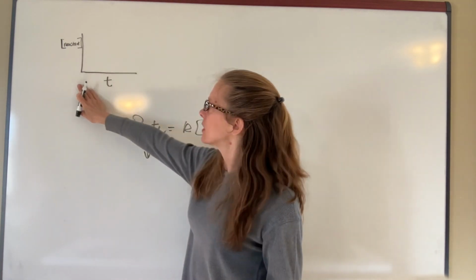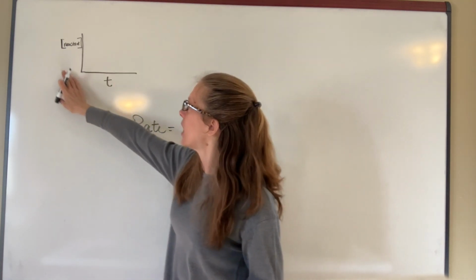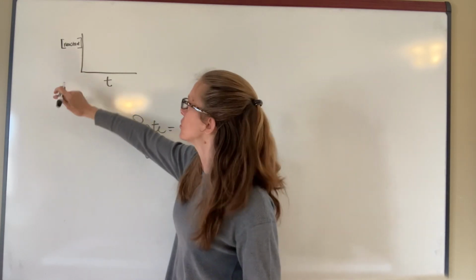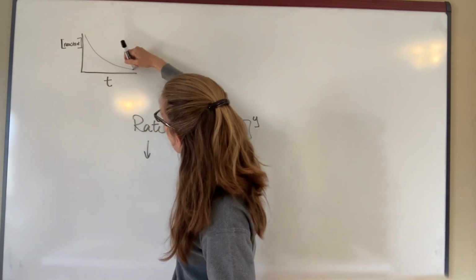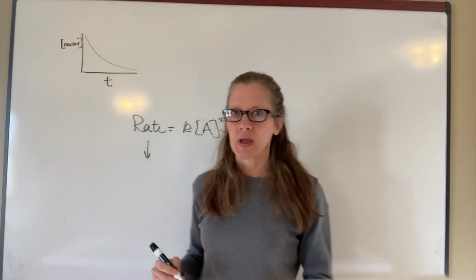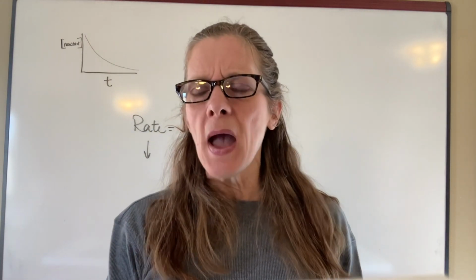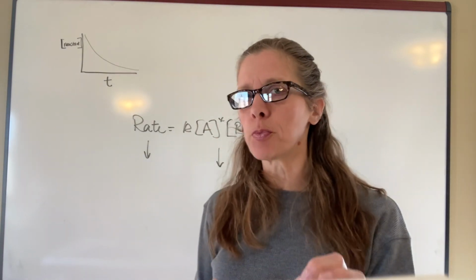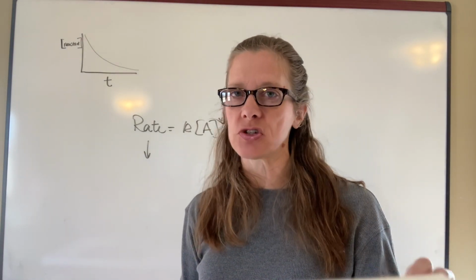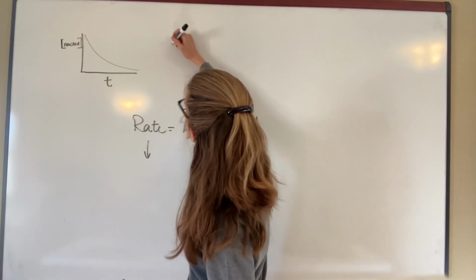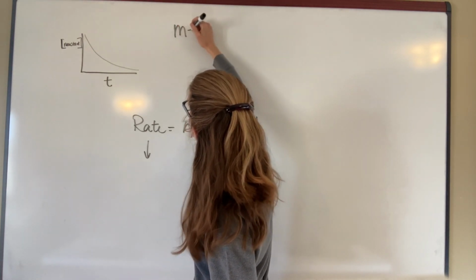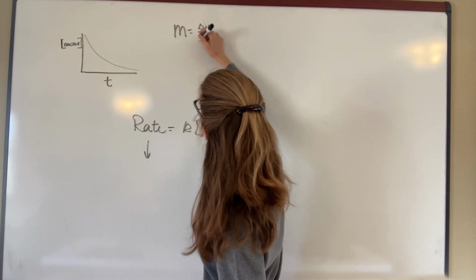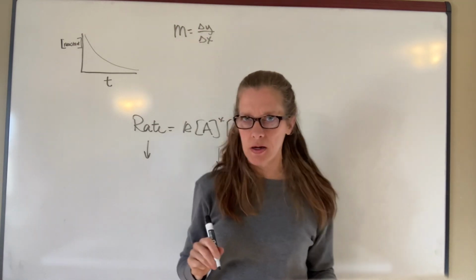If I look at a graph of the concentration of the reactant over time, what you're commonly going to see is a graph that looks like this, okay? Now, if you want to find the slope of a line, remember from algebra, the slope of a line is the change in y over the change in x, right?